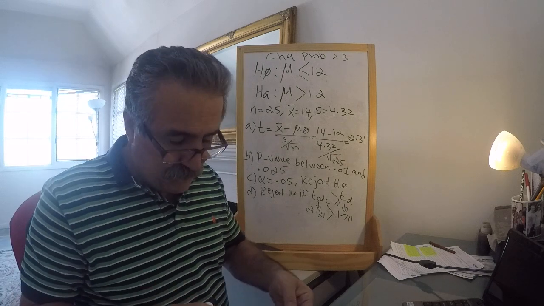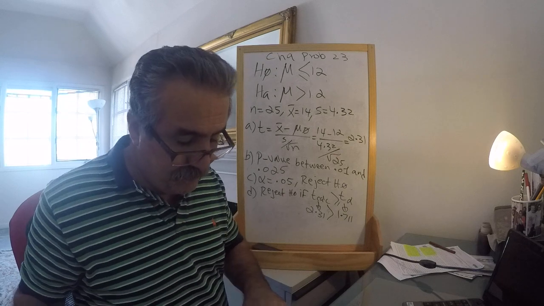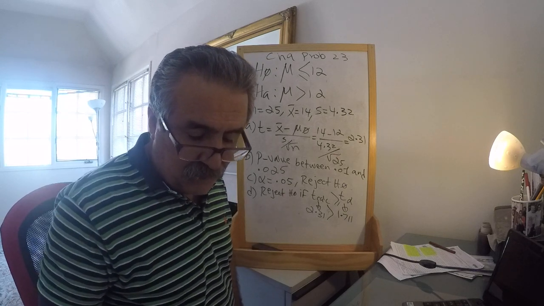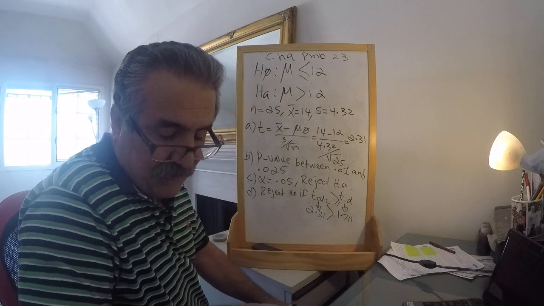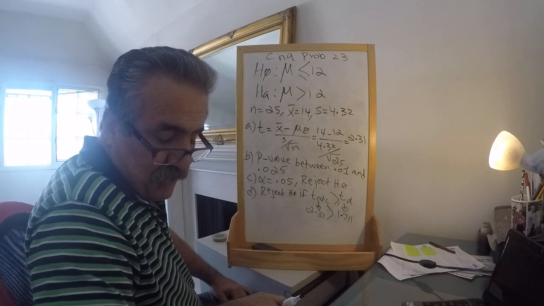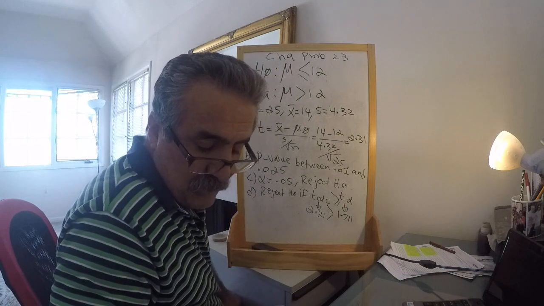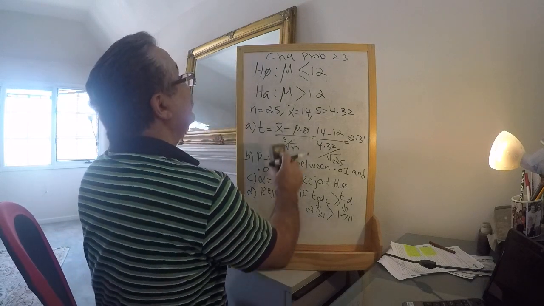Now problem number 33. Annual per capita consumption of milk is 21.6 gallons. I'll leave it up to you guys to read the problem. Standard deviation is 4.8.